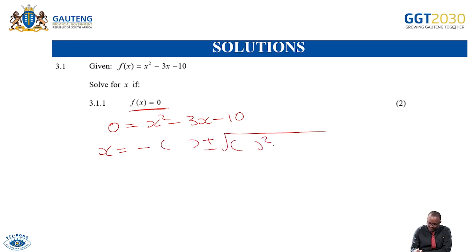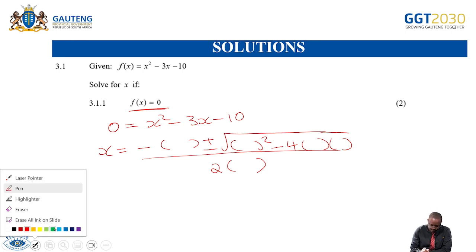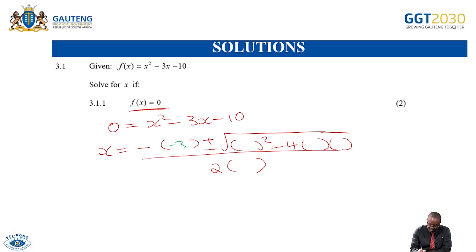Remember, you can still factorize, but it's easier when we use our quadratic formula, because it's also very quick for us to answer. So now, when we substitute there, we're going to have negative 3, 1, negative 10, and 1.